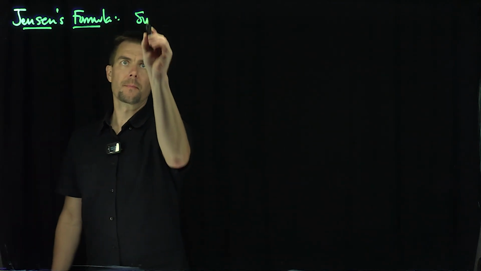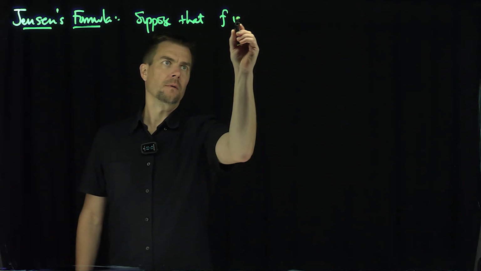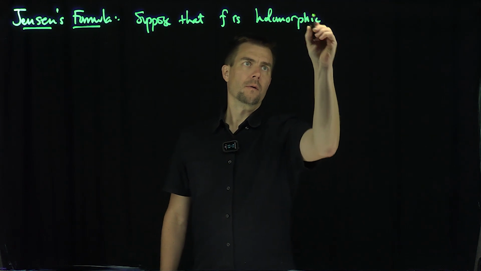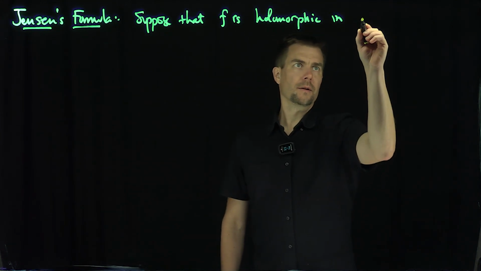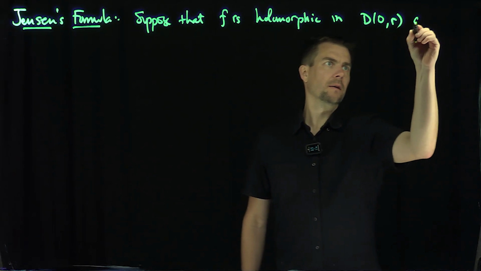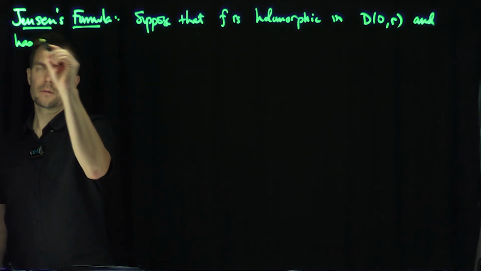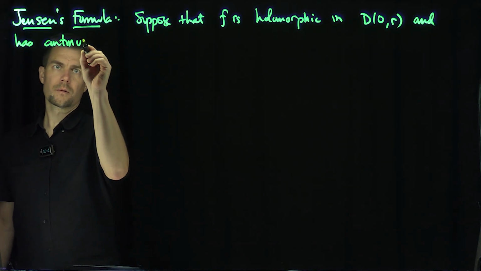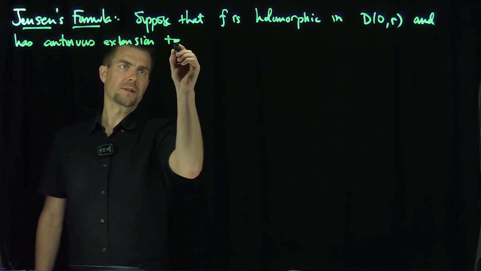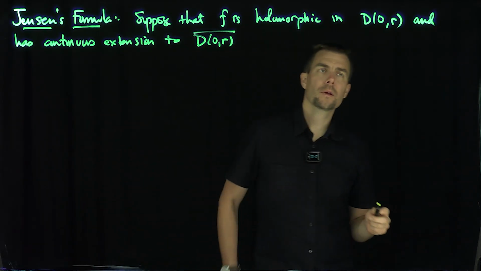So suppose that f is holomorphic in a disk, let's say centered at 0 of radius r, and has a continuous extension to the closure of this disk, like that, okay?